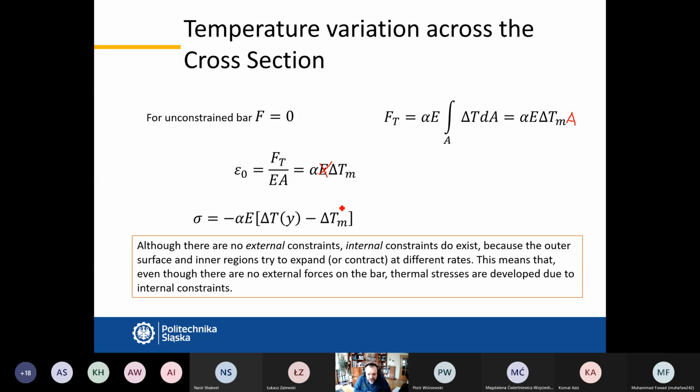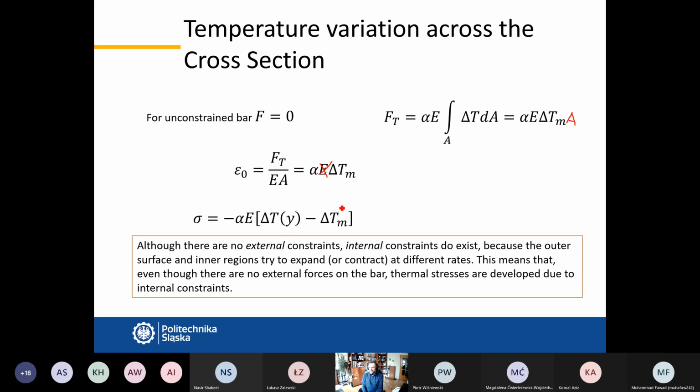And although there are no external constraints which generally produce reactions and act as forces on our body, we observe here internal constraints. Why is that? Because the outer surface and the inner region try to deform at a different rate.